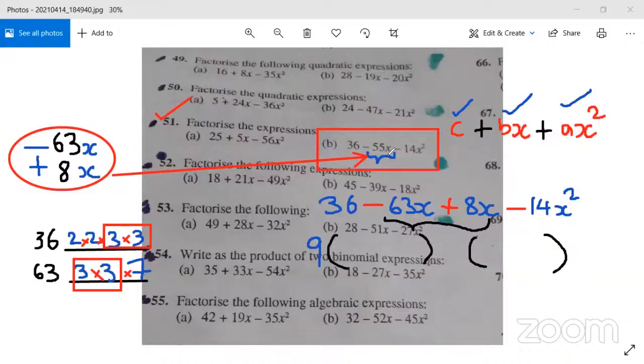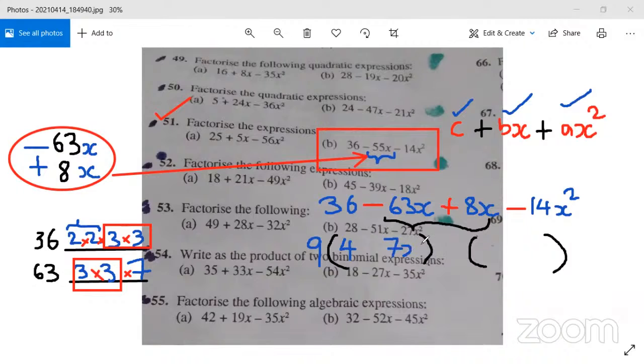Okay, fine. So 36 divided by 9, our answer is right here. It's going to be 4. So this will be 4. And what is this? Let's say we were to put 63x here. We wouldn't circle or include the x. So this would be 7x. So we're going to write 7x right here.